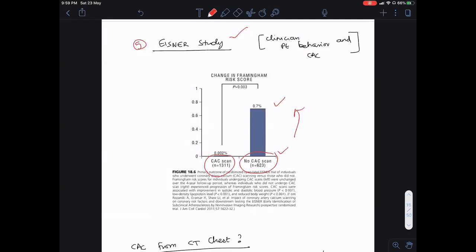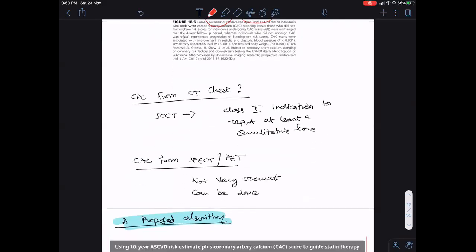Just the fact that you've undergone a calcium score actually brought about a lot of change in health behavior. So people took statins, took aspirin, watched their weight, and lifestyle improved. So the Framingham risk score actually did not increase over the next 5 years of follow-up.